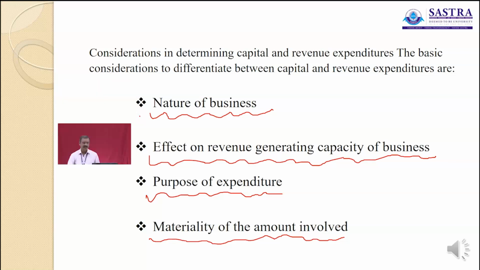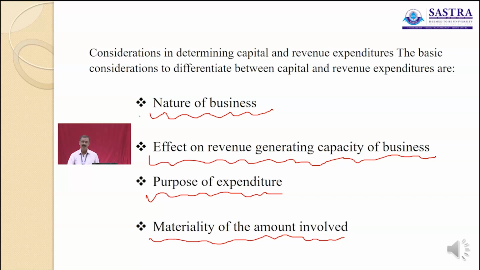The second is the effect on revenue generating capacity of the business. What are all the investments made, or what are all the items towards which the amount is spent? That will be seen according to the effect on the revenue generating capacity of business. Factually speaking, every paisa of rupee spent in a business is to make a revenue out of it.